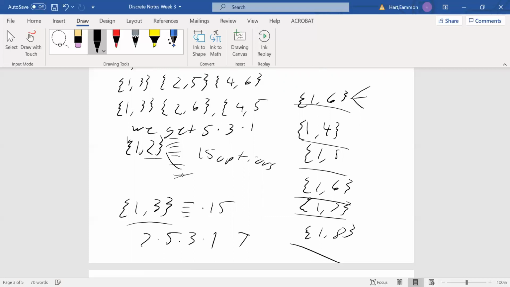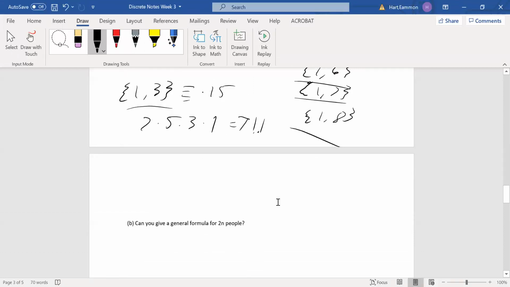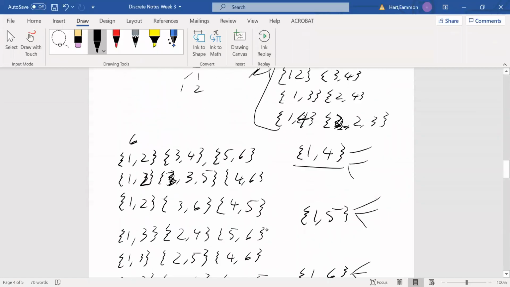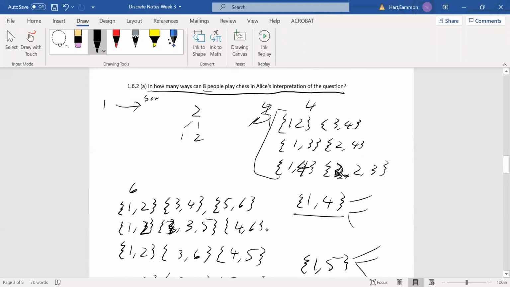This is sometimes written as 7 double factorial, meaning that we skip every other number. So the natural thing here is that the general formula is going to be n minus 1 double factorial. N minus 1 because here we have that 7. Here we have 6.